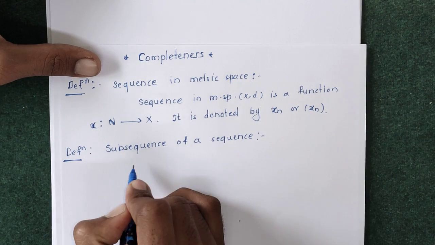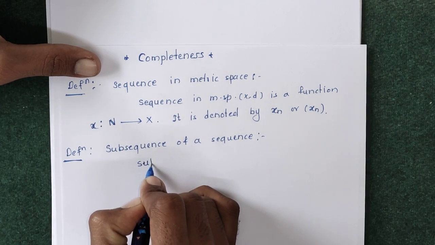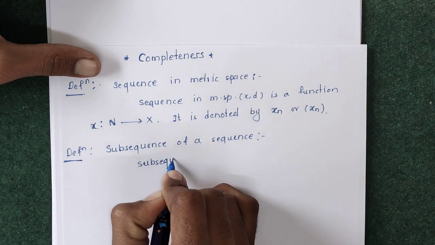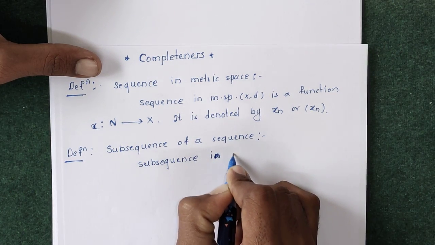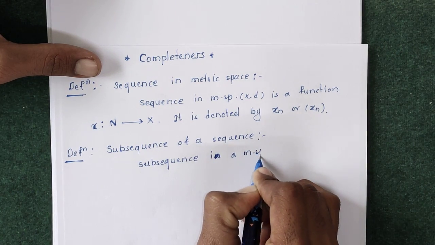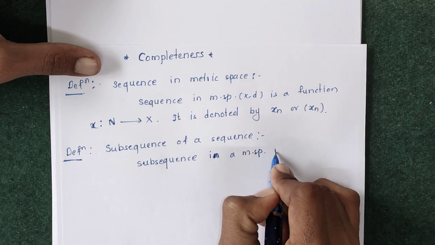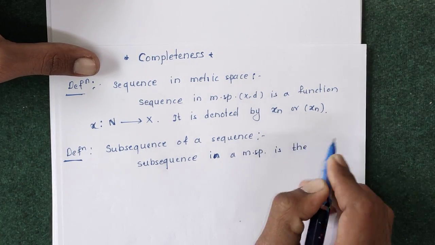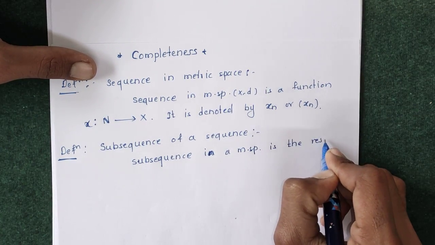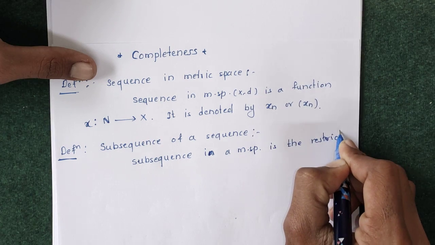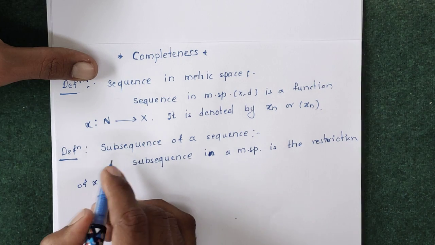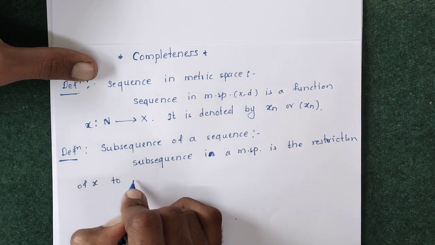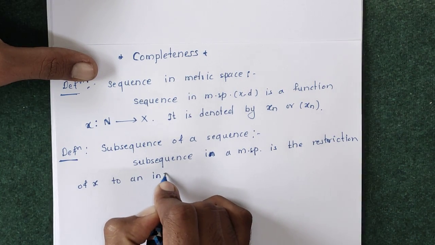A subsequence in a metric space is the restriction of function x to an infinite subset.